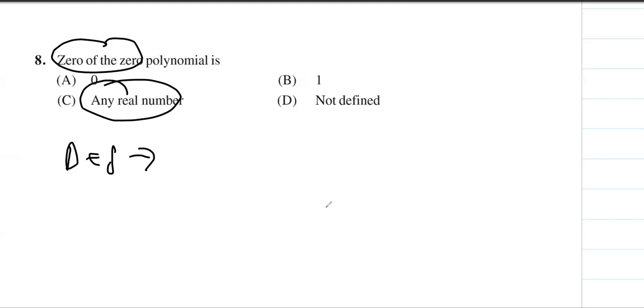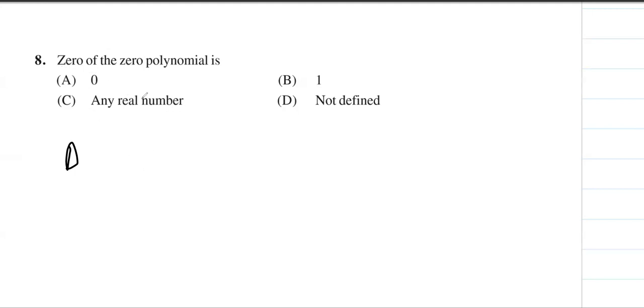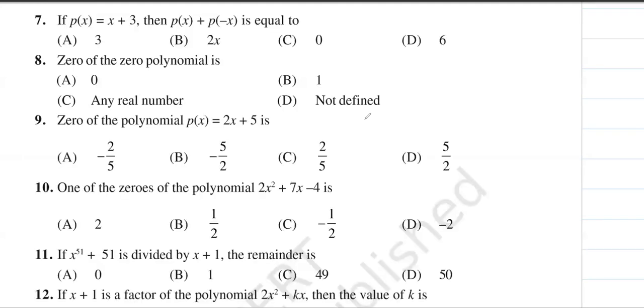Let's begin once again. We have to get the zero of a zero polynomial. So the zero of a zero polynomial can be any number, but when we talk about the degree of a zero polynomial, then it is not defined.